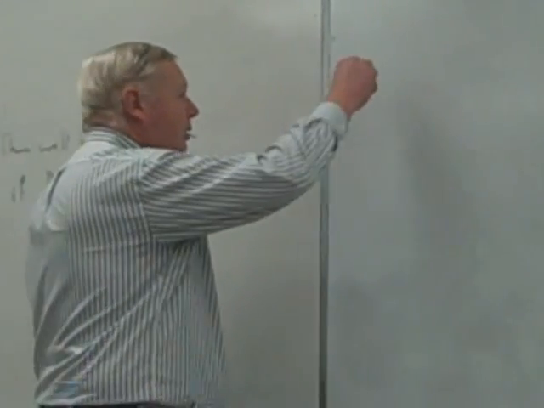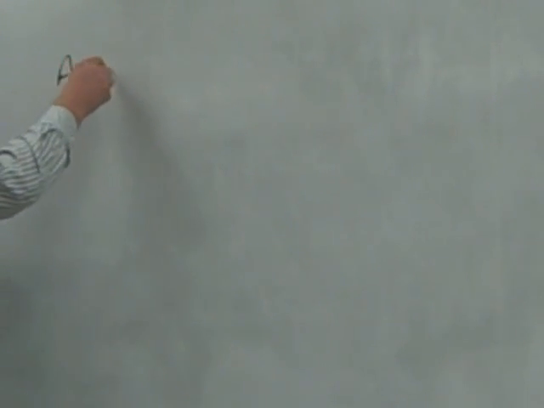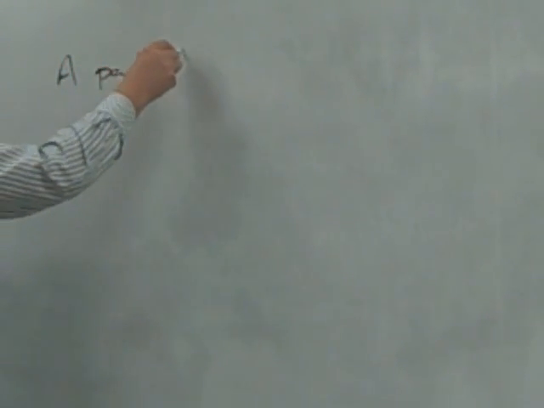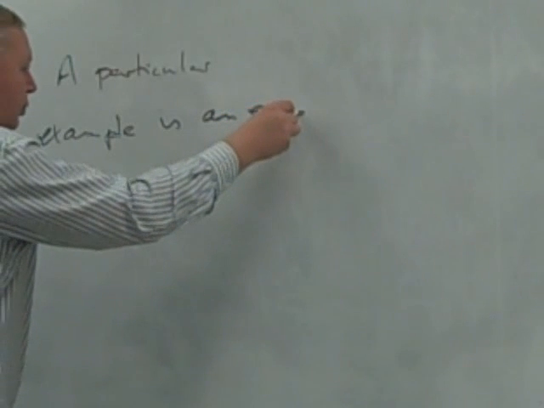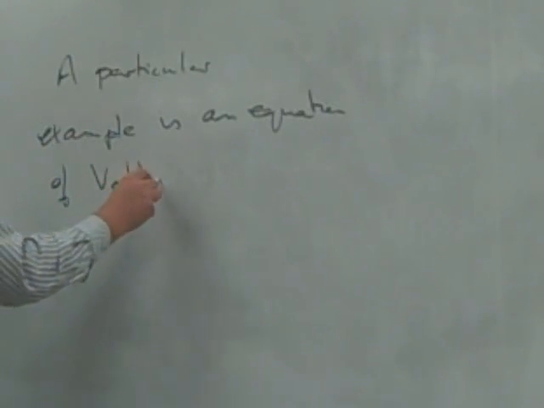So a particular example is an equation of what is called Volterra type.